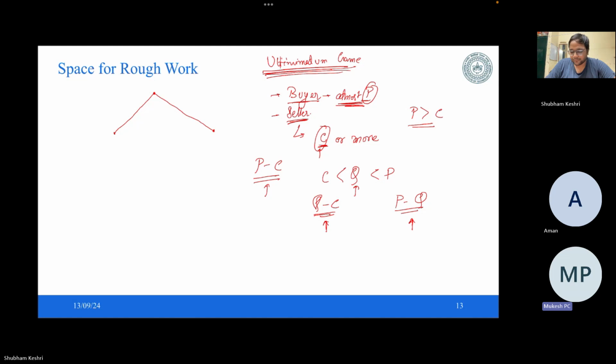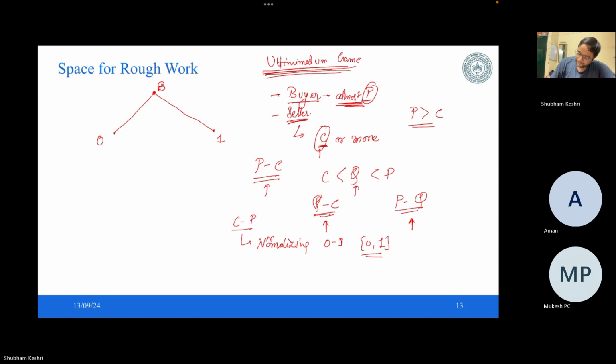Yes, understood. So we are normalizing this range C to P to 0 to 1. Whatever the values of C and P, we normalize them to 0 and 1. Since the buyer is more powerful here, the buyer plays first. I'll write player 1 or buyer.